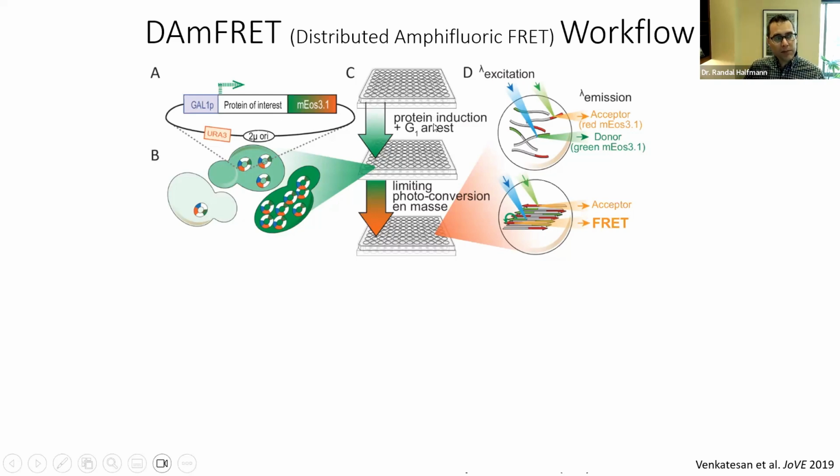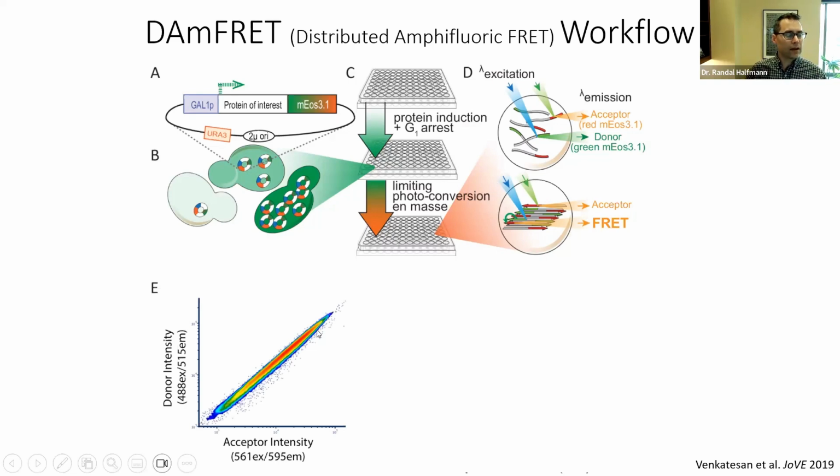You grow these cultures up. In this case, we arrest cell division upon protein induction, such that every cell can be treated as an independent reaction, independent experiment. And then we subject them to limiting photoconversion, and then we analyze those cells by flow cytometry, where we collect both the emission of the green state, of the red state, and of the red state when excited by green, right? So FRET.